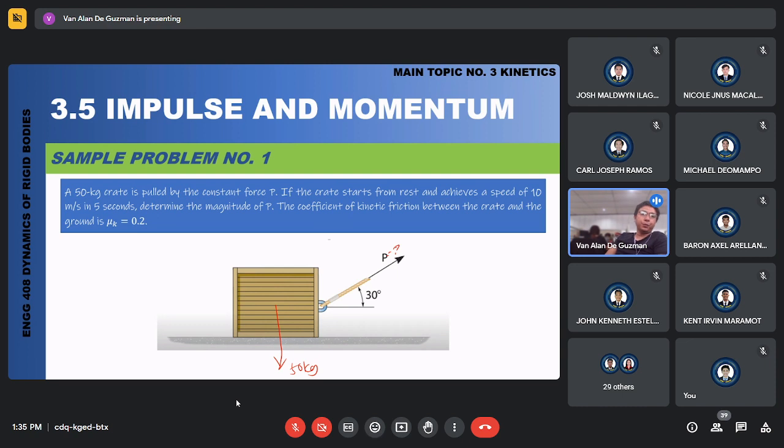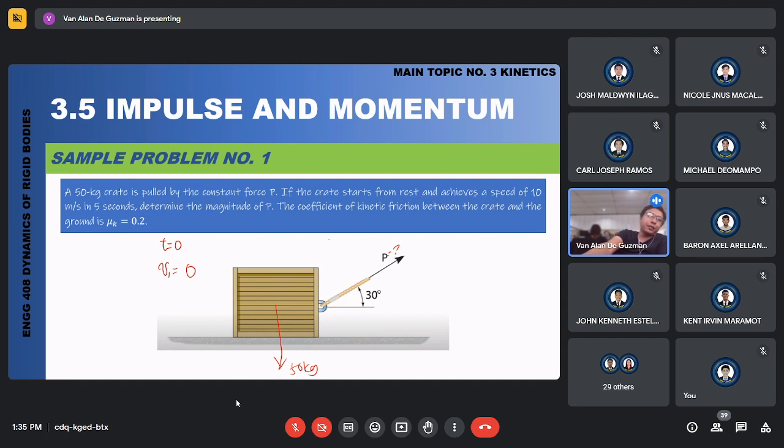If the crate starts from rest and achieves a speed of 10 meters per second in 5 seconds. Ano yung sinasabi natin dito? Mahalaga po itong mga statements na ito. Sabi sa atin, it started from rest. So, at t equal to 0, the initial velocity natin is 0. It started from rest nga eh.